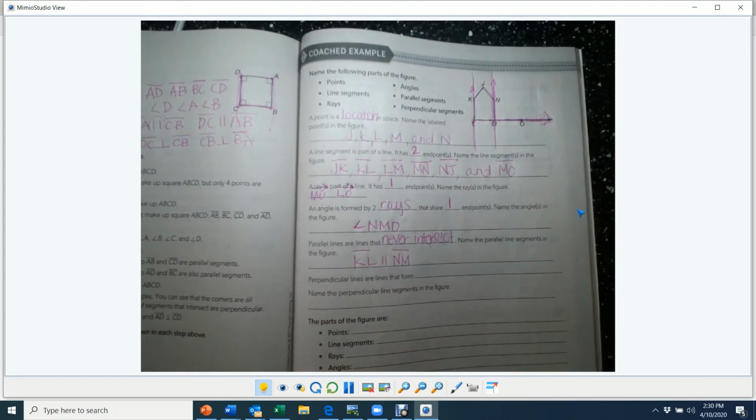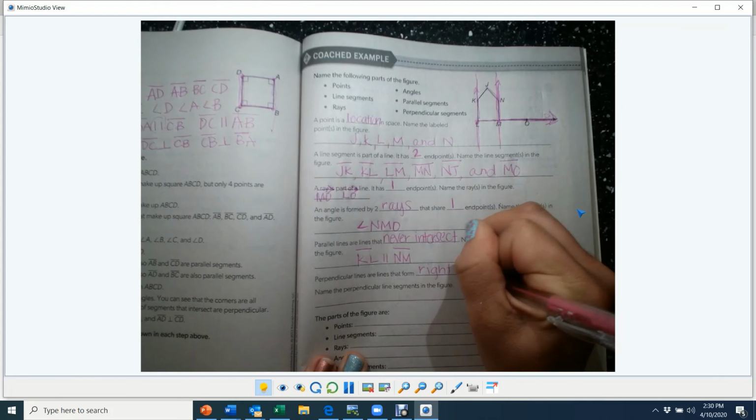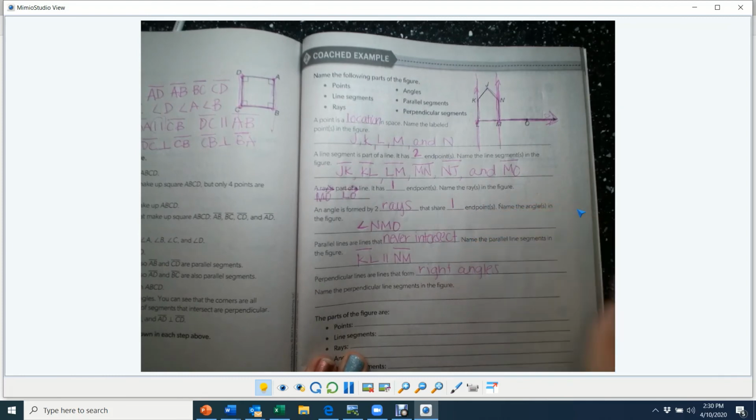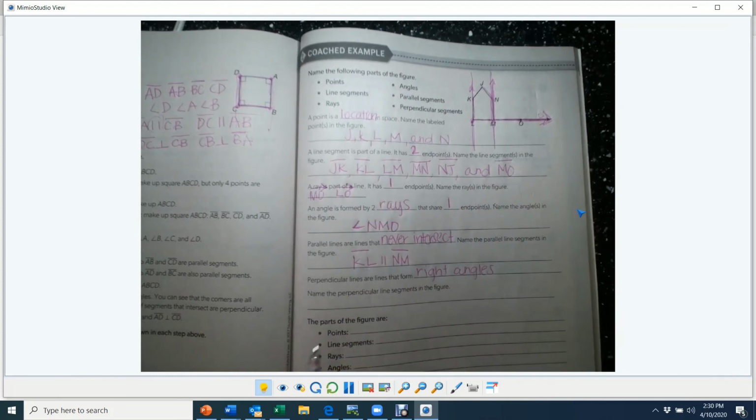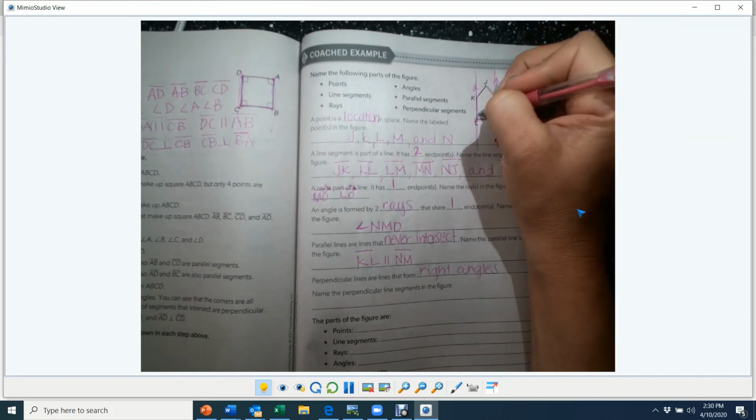Then it says perpendicular lines are lines that form right angles, is what we're going to put in here. All right, and it says name the perpendicular line segments in this figure. We're just going to go ahead and name one set of perpendicular lines. So we have right here, this is perpendicular to this.